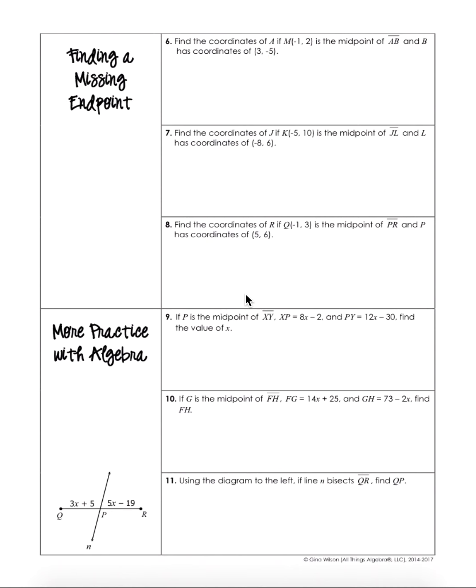So I want to draw this picture, what this kind of looks like over here under finding a missing endpoint. So here I have point A and the midpoint, and I have segment AB, and the midpoint is M. So halfway is M. Okay, so I have 3 points here. I have point A, I have point M, and I have point B.